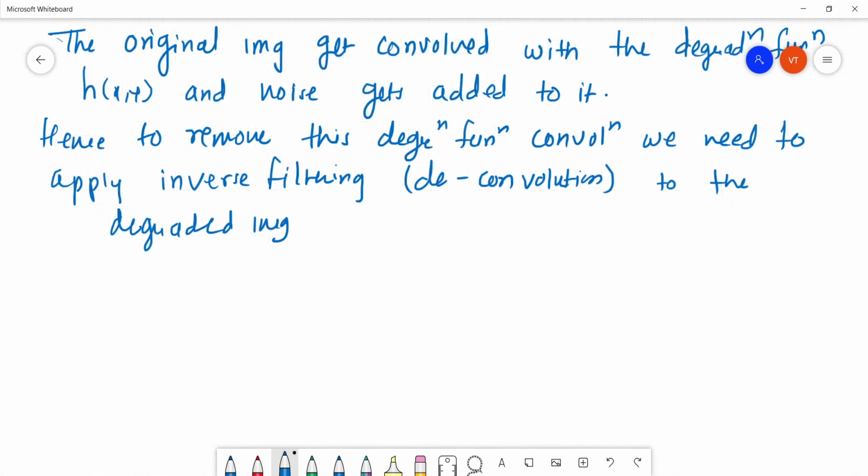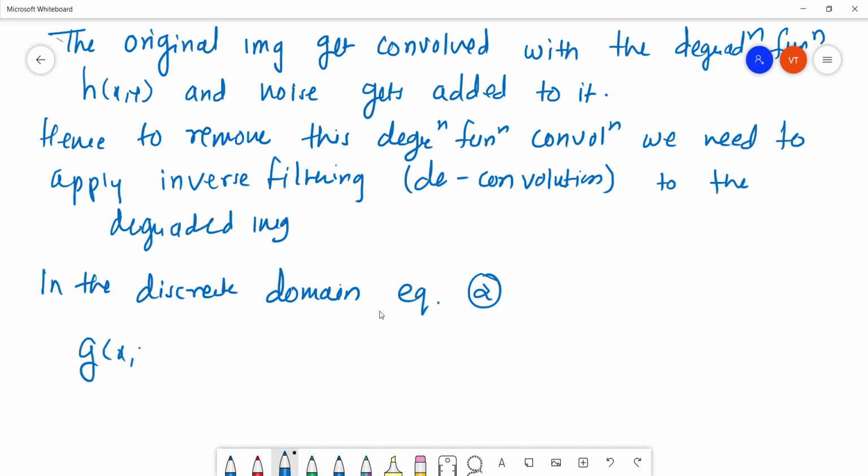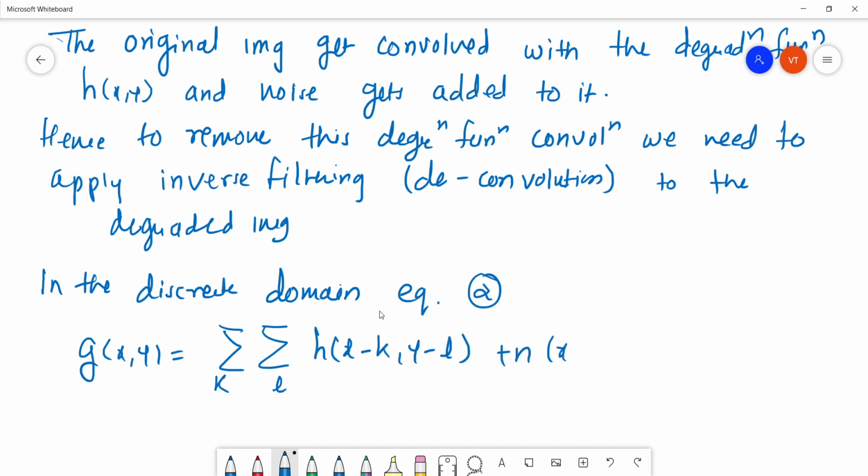In the discrete domain, equation 2 becomes g of x y equal to summation over k, l of h of x minus k, y minus l, plus n of x comma y. This is the third equation.